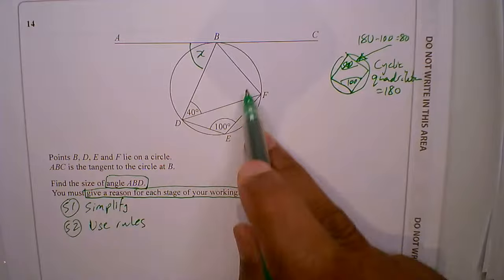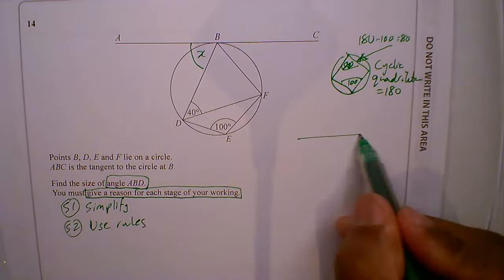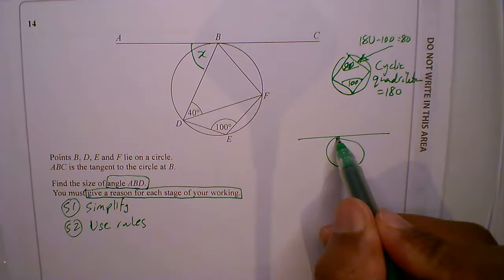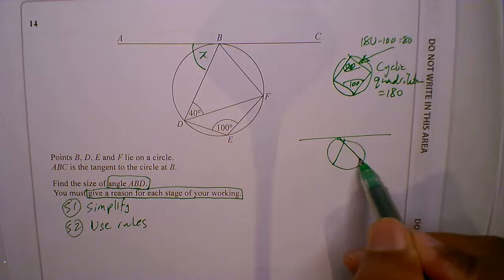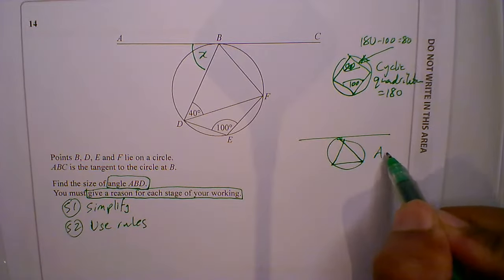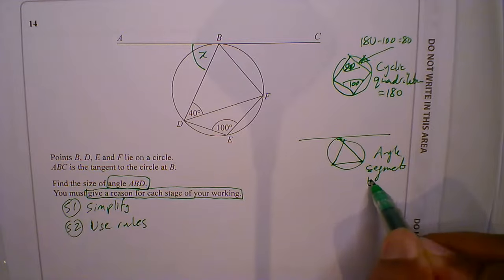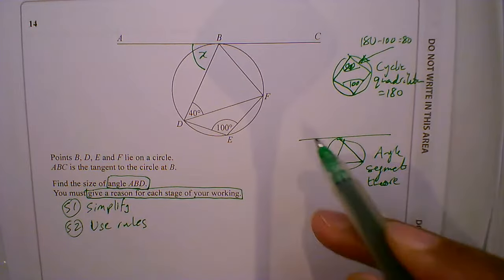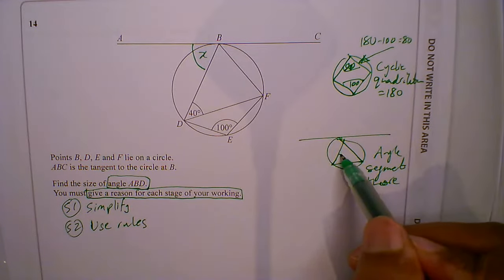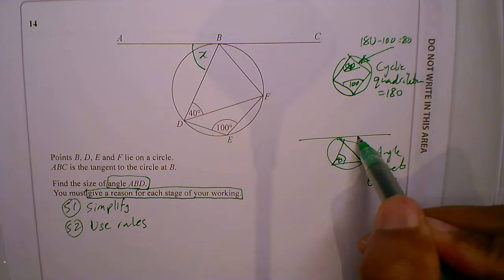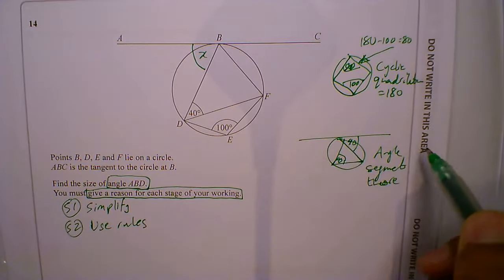Can you see another circle theorem here? There is another one, which is our angle in the alternate segment theorem. So we have, if this is 40, this angle has to be 40.